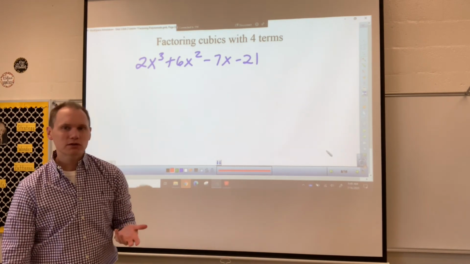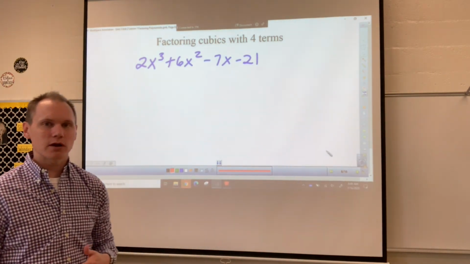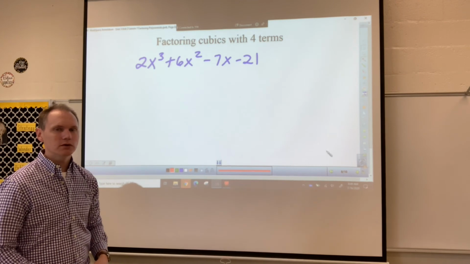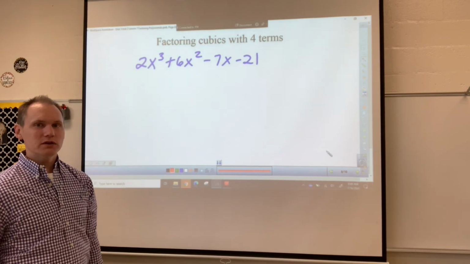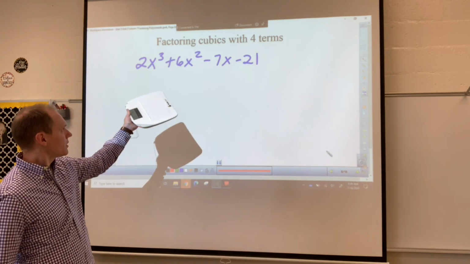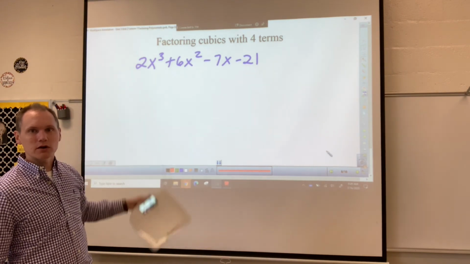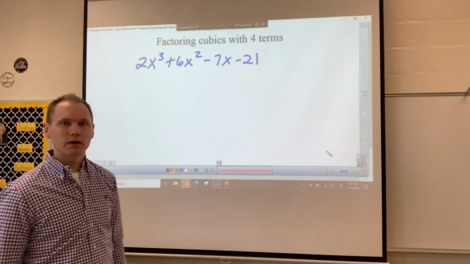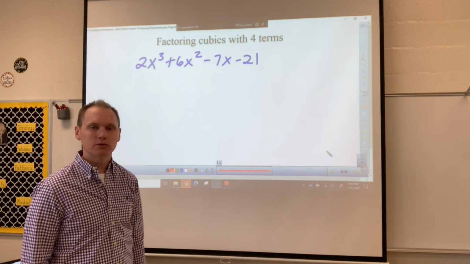So I want to give you a chance to try this one without telling you how to do it right away. Try this one using factoring by grouping, only this time the middle term is already split up. We don't have a middle term anymore. It's already 4 terms. So go ahead and group them and see what you can do.